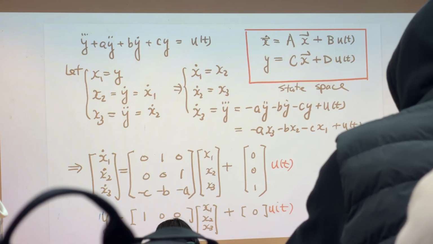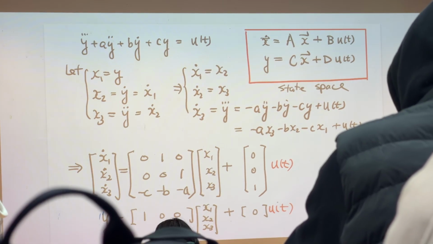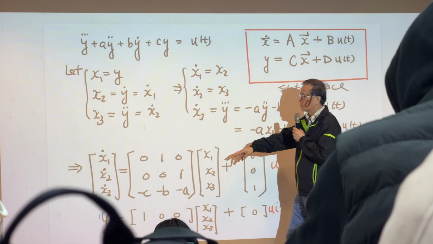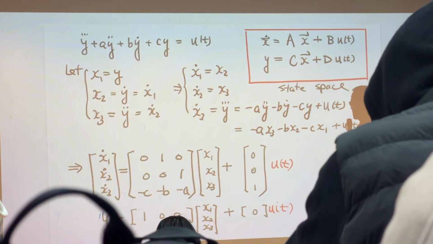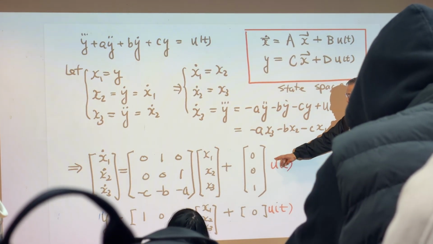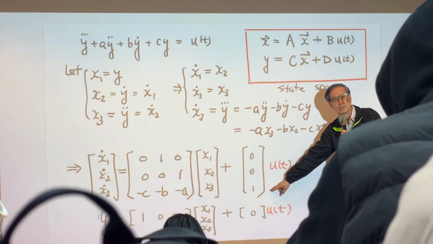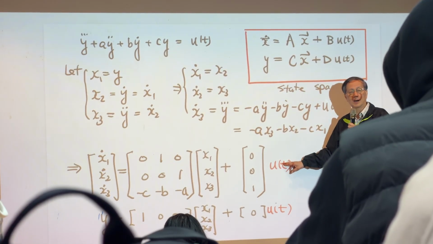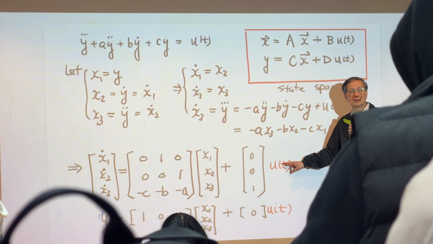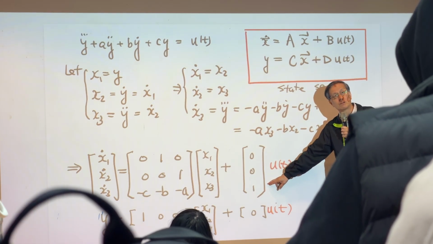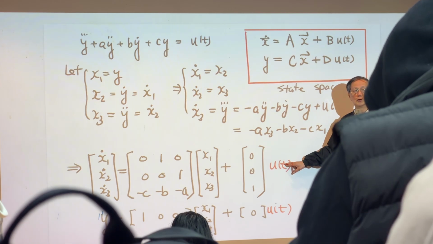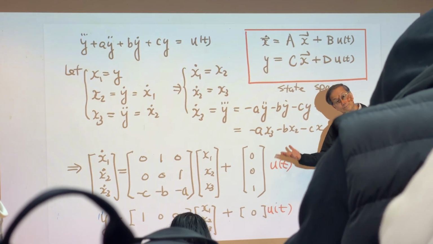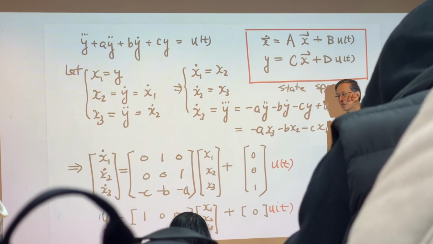However, right now, because we have only one single input, this is 3 by 1. If u is 3 inputs, then this will be 3 by 3. If u is 2 inputs, u1, u2, this will be 3 by 2. Does it make sense, right?